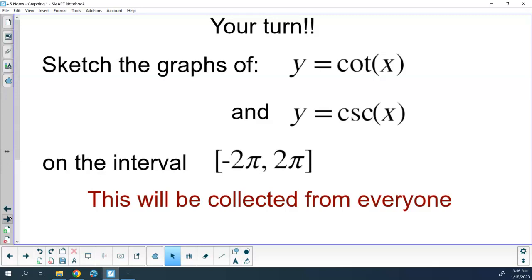You can do this on one sheet of paper, on a fresh sheet of paper, because we are going to collect it from everybody. So on one side, we want you to graph cotangent from -2 pi to +2 pi.